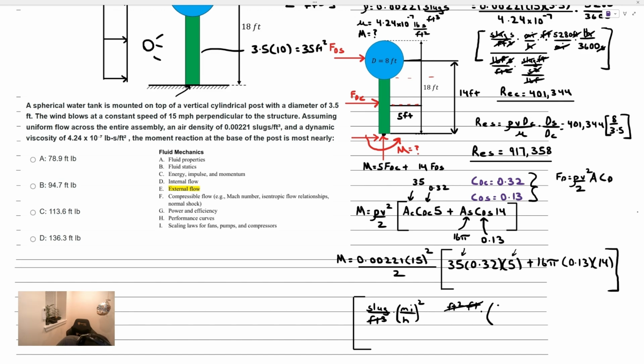We did it above, right? It was just 5,280 divided by 3,600. That is the miles per hour to feet per second conversion, but we're going to square this entire thing such that the miles per hour is going to end up canceling out. We end up with slug foot squared per second squared. That unit, slug foot per second squared, is a pound force.